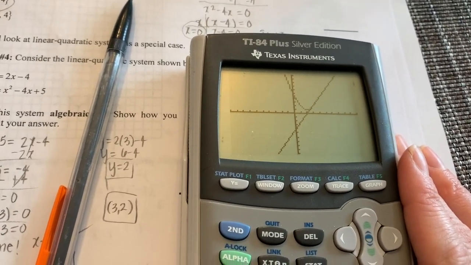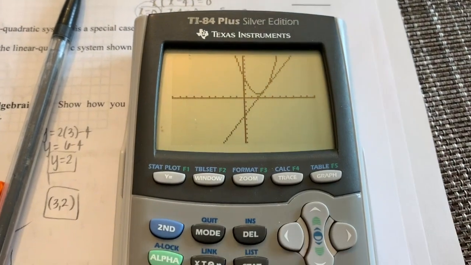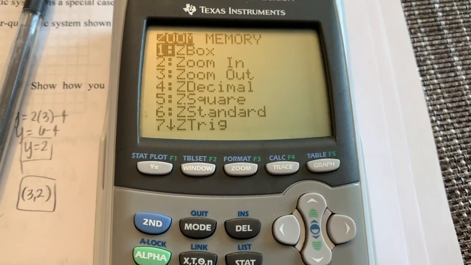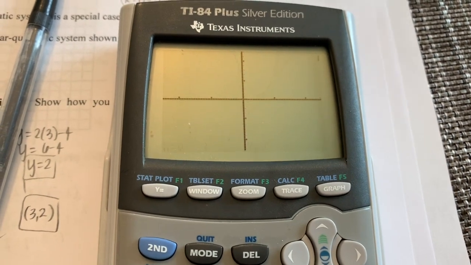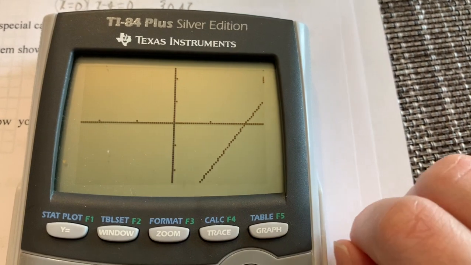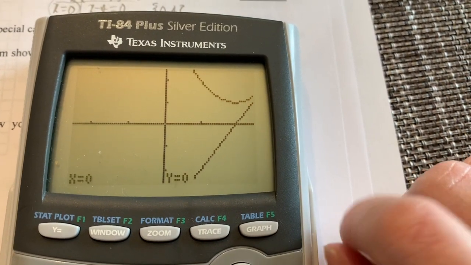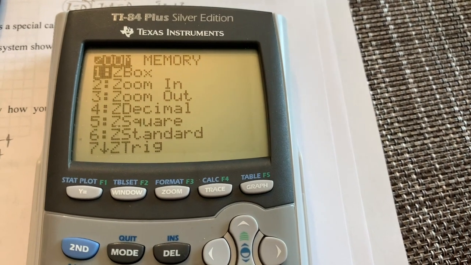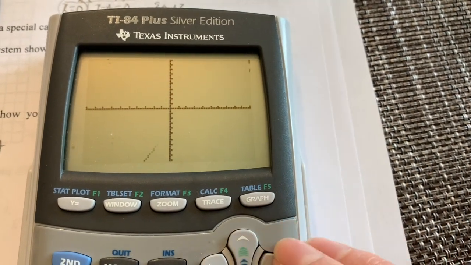Here comes our parabola. If I zoom in on that, what you're going to see is that it's only crossing one time. Only once. I can't see it. All right, hold on. I'm going to zoom out, and then it's going to go back. I think I just didn't center it right.